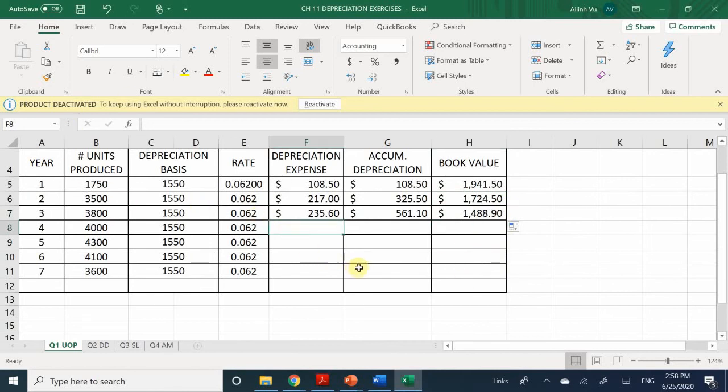Okay. All right. 4,000 times 0.062 equals 248. Okay, plus 561.1 equals 809.10. Good. Okay, 1240.90. Let's see. 1240.90. Good.